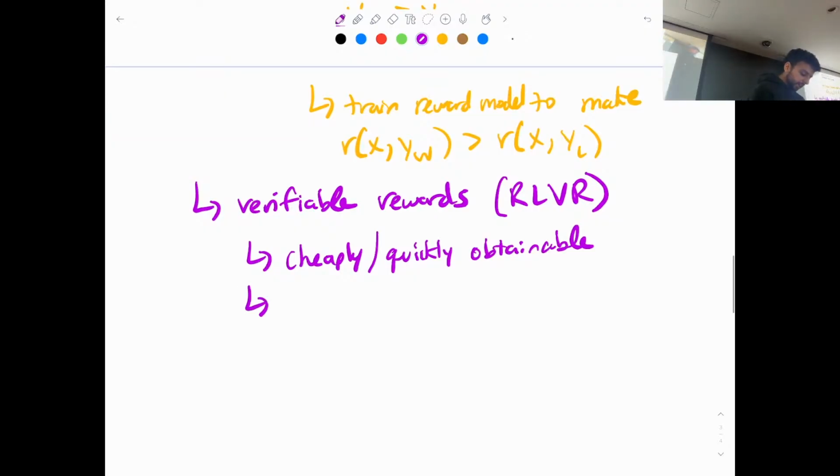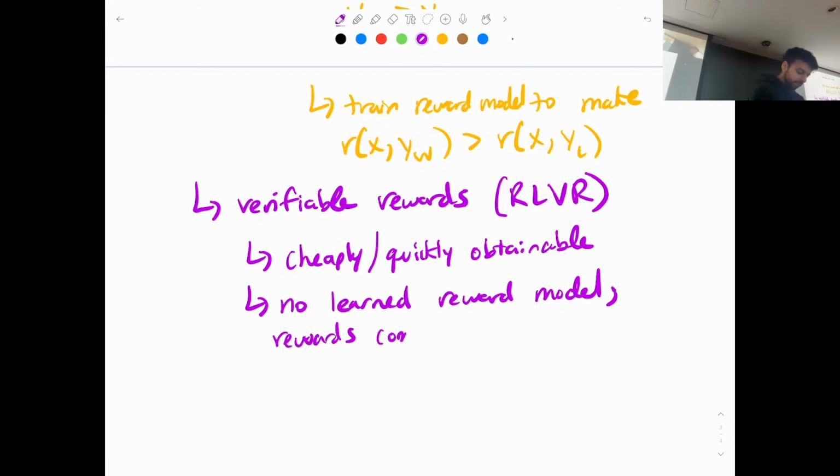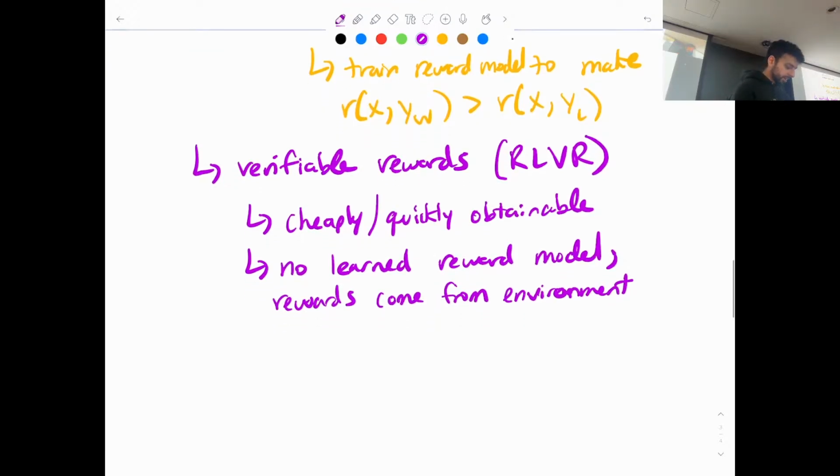So here we have no learned reward model. The rewards generally come from the external environment in the case of code, or some sort of simple script that you've written to check for correctness.